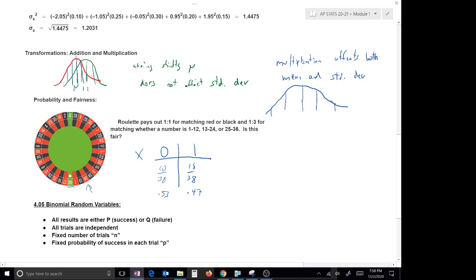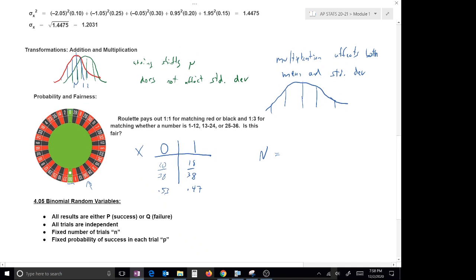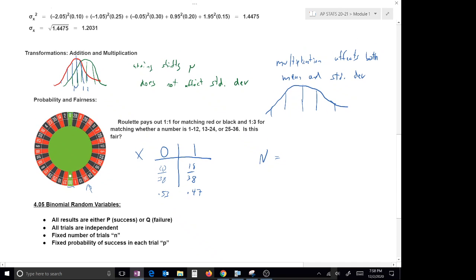Now what that means is, let's take a look at creating a formula. N is our net gain here. So let's say that $5 is the minimum bet. I haven't been to a casino in a long time, so they may not even do $5 minimum bets anymore. But let's say we found a roulette table with a $5 minimum.